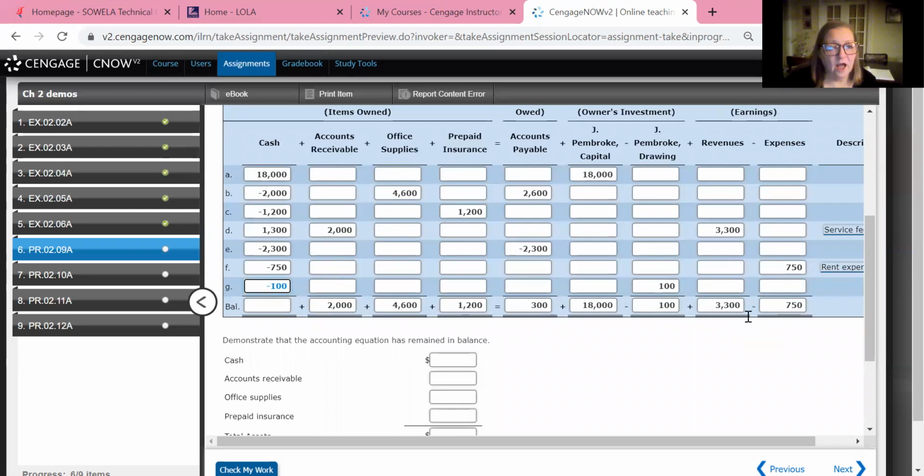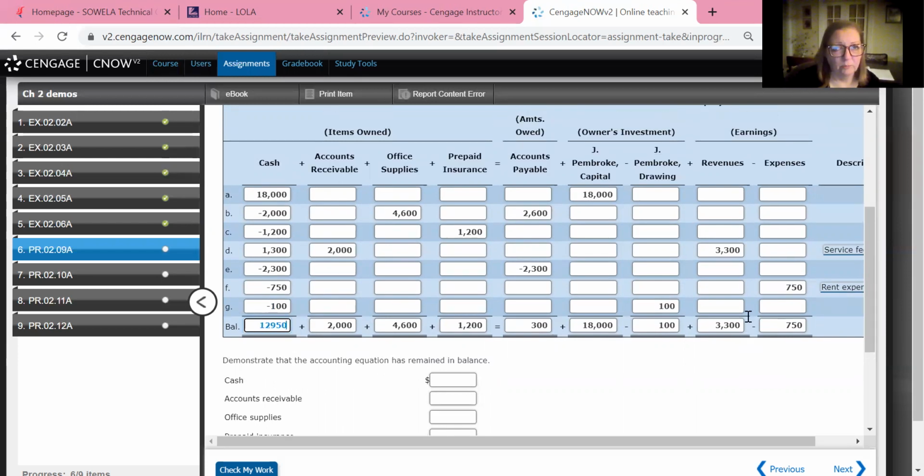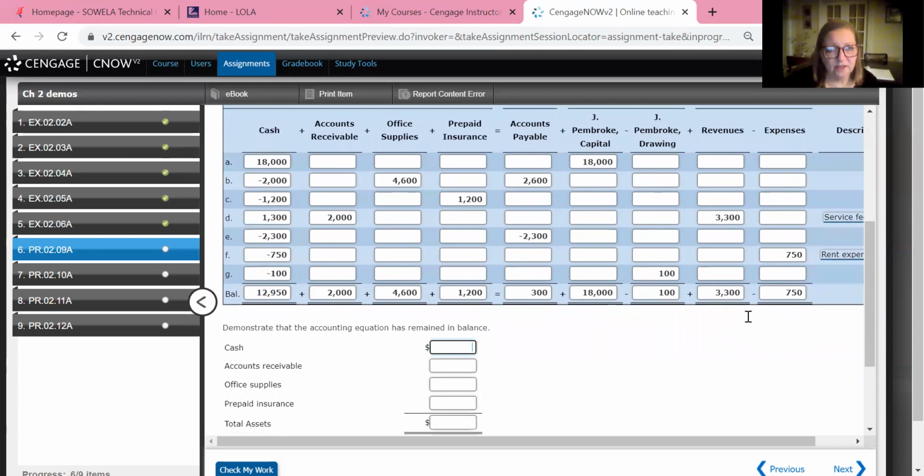But net transactions, if you total all those up, it's going to be 12,950. And that's just a summary of that column. Okay. Now there's always a chance that I did something crazy, but we're going to give it a shot with our check my work before we go beating our head against our hand against our head. And that way, if it's right, we don't have to go back through everything.